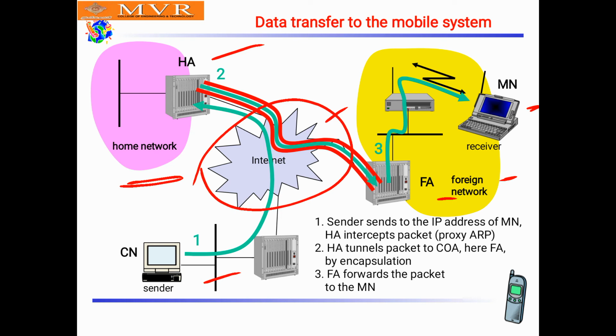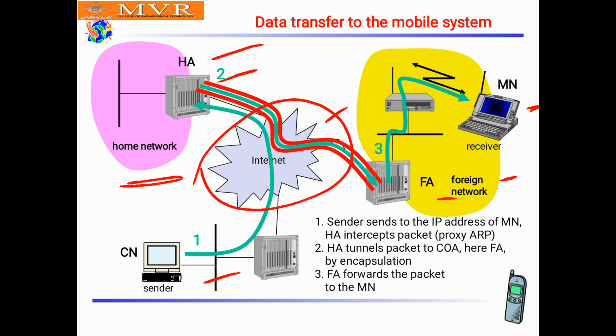The sender sends to the IP address of the mobile node. And the home agent intercepts the packet by proxy ARP, and this HA tunnels packets to the COA, care of address, at the foreign agent also by encapsulation.